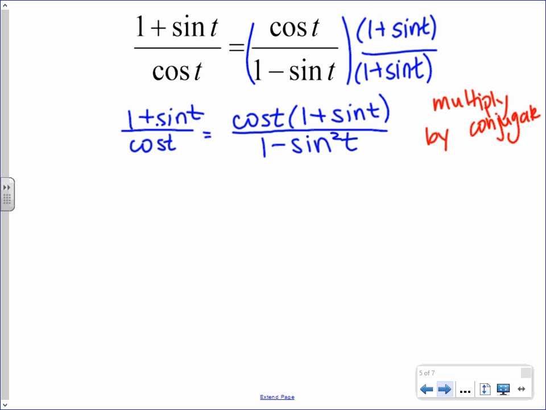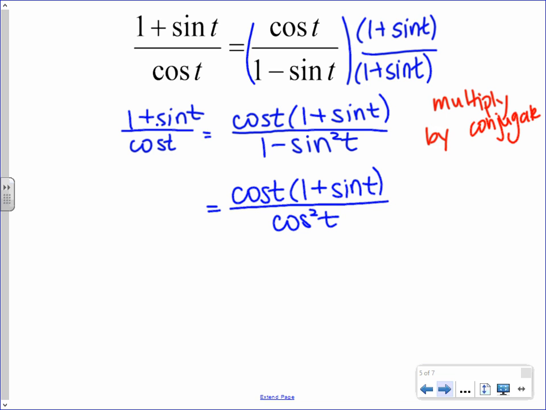Okay? Chris, what can we do? Pythagorean identity to make 1 minus sine squared t for cosine. All right. Do you agree that 1 minus sine squared t is the same thing as cosine squared t? Yeah. Okay.